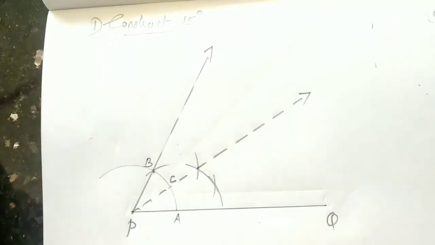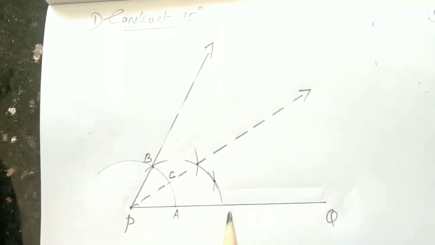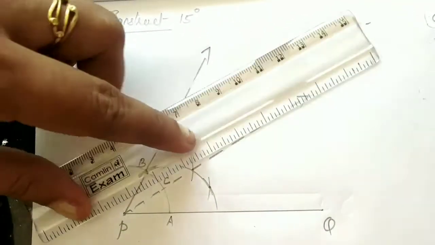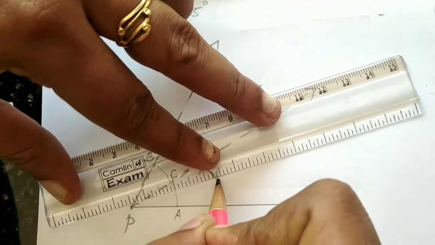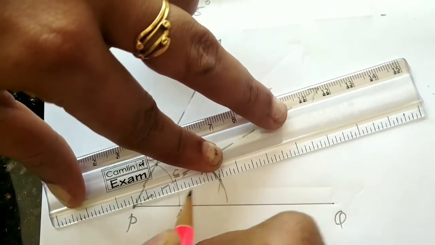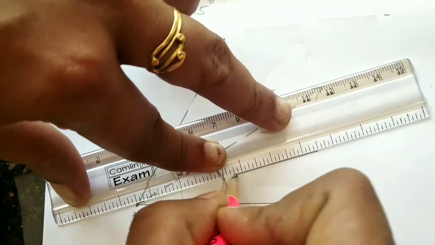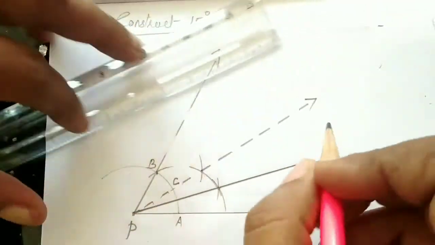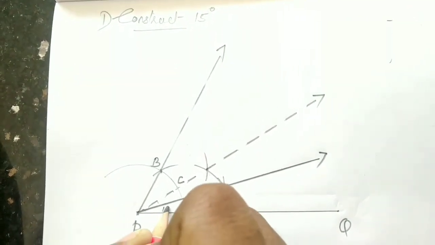And mark the point of intersection. This is the required 15 degree.